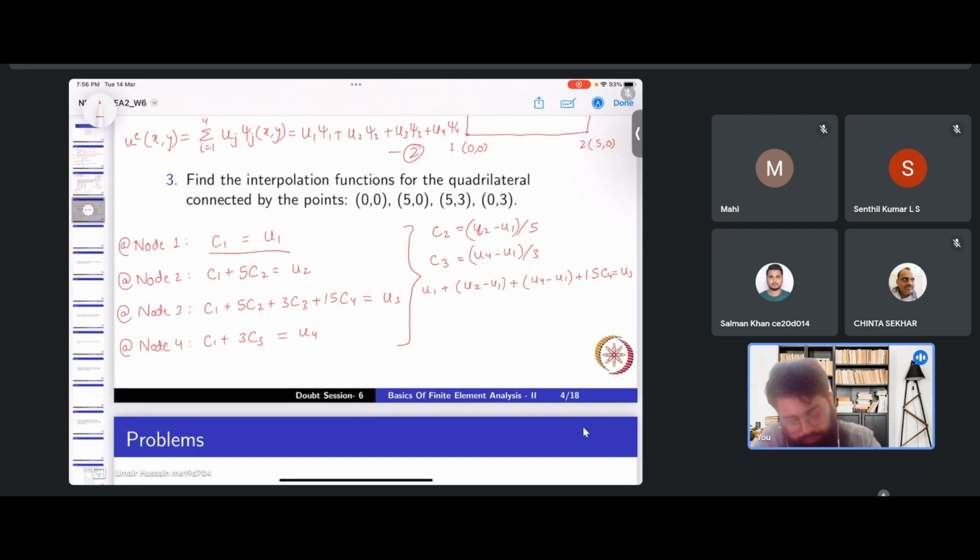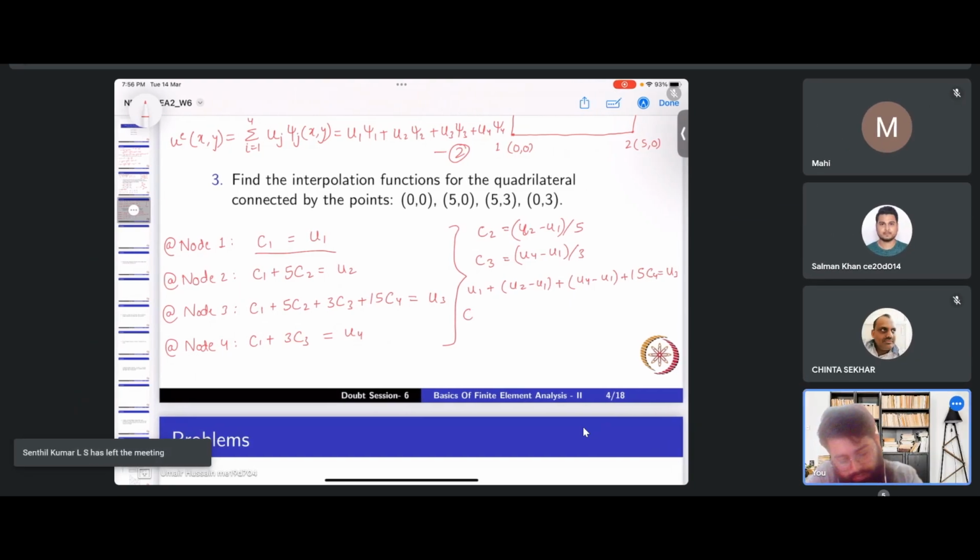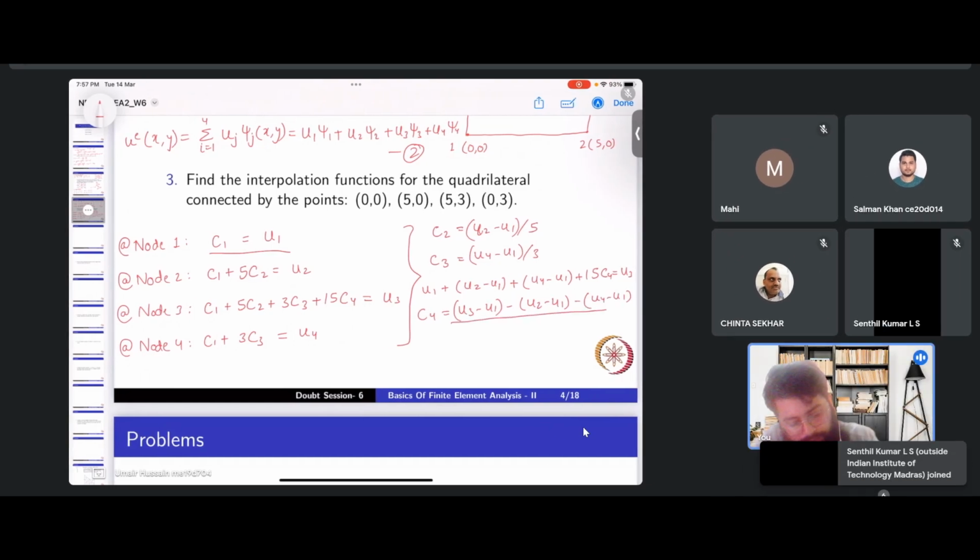So what do we get here? c4 equals u3 minus u1 minus of u2 minus u1 minus of u4 minus u1, all divided by 15. I hope I'm doing this right, please guide me if there's an issue.